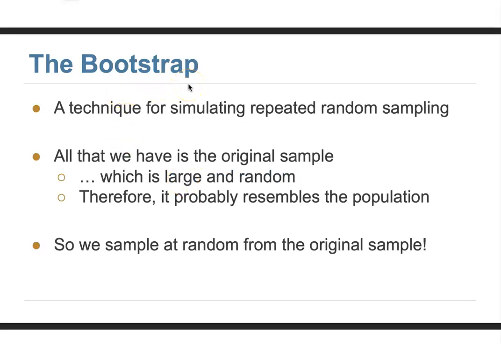The bootstrap is a technique for simulating repeated random sampling when all we have is one original sample. Just make sure this sample is large and random, so that it can resemble the population. Then we create more samples by random sampling from this original sample.